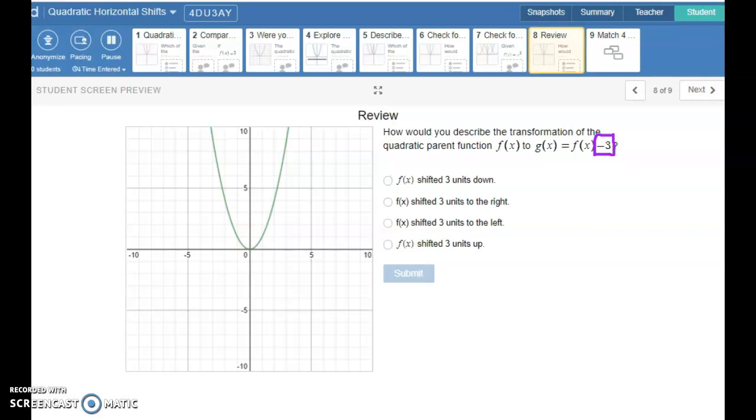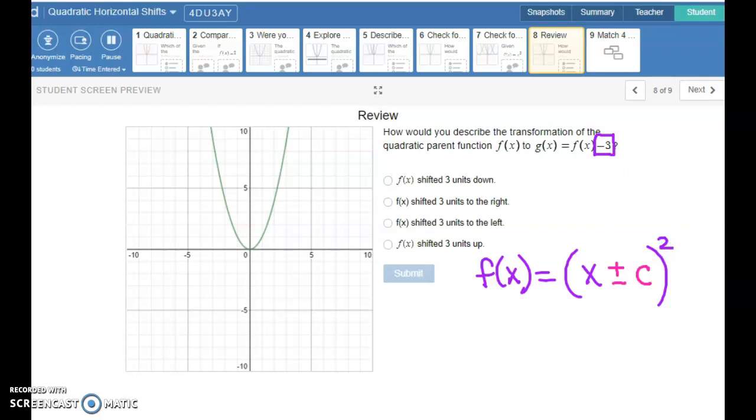So I have, write this down, f of x equals, okay? I'm going to have something in parentheses and something outside the parentheses. So inside my parentheses, I'm going to have x, plus or minus c, okay, squared because it's a quadratic.